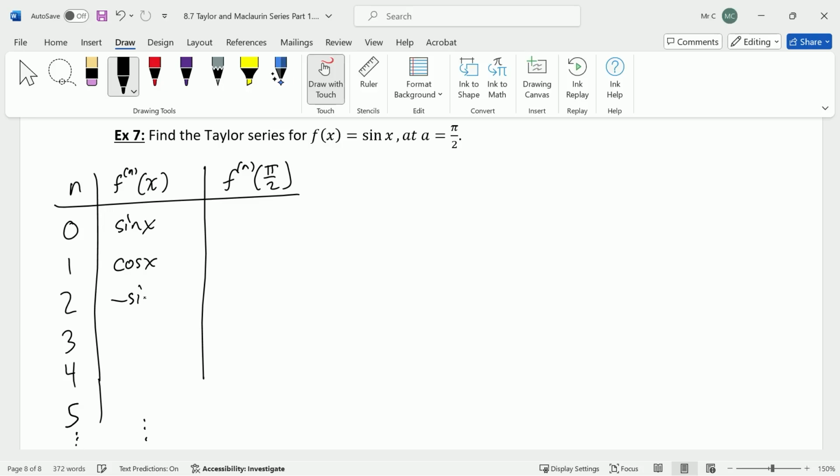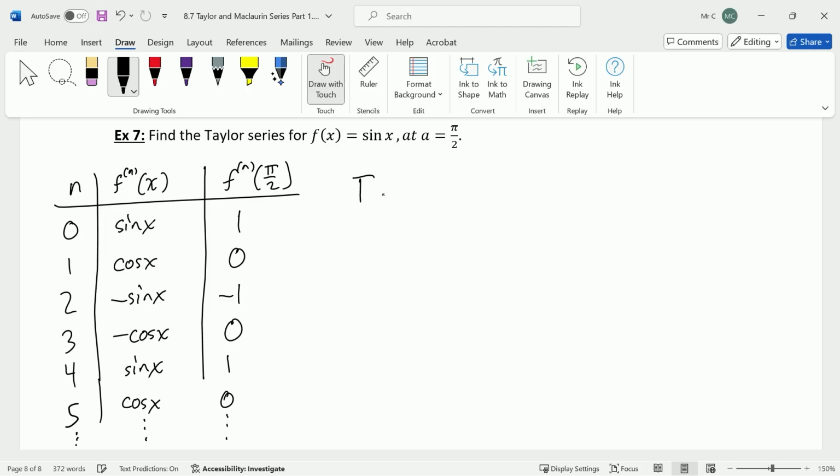Second derivative is negative sine, negative cosine, positive sine, positive cosine, and so forth. But now I'm plugging in pi over 2 instead of 0. So sine of pi over 2 is 1, and cosine of pi over 2 is 0. And negative sine will be negative 1, and then 0, and 1, and 0, and so forth.